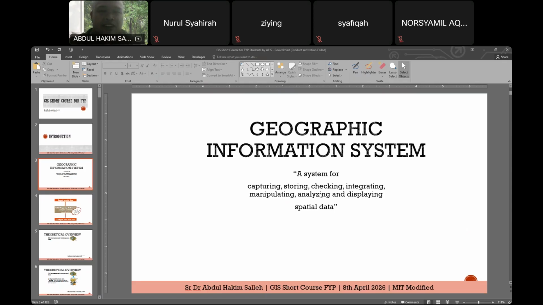But now we are talking about spatial data. Spatial data is data that can be positioned on Earth.